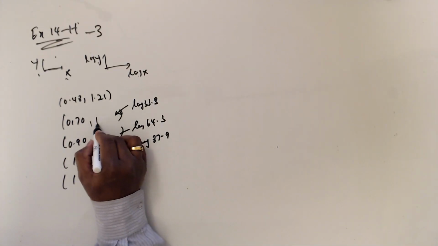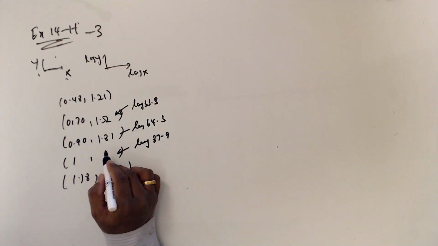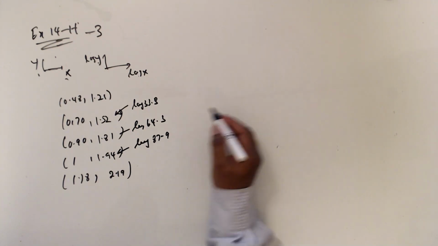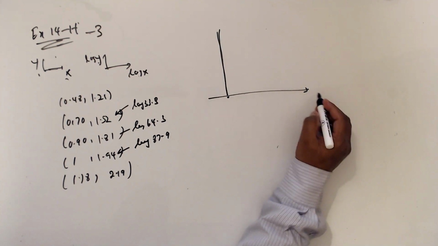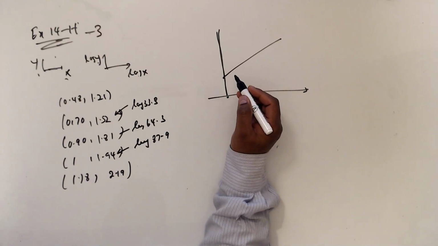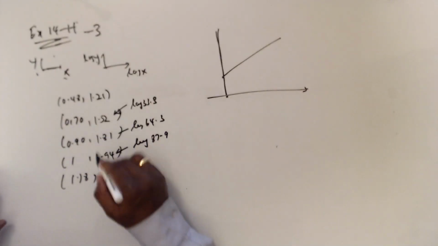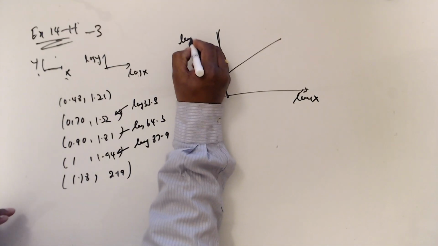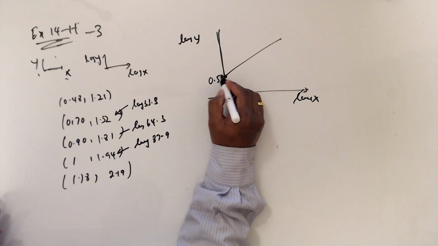So basically 1.52, 1.81 and 1.94. Then we have to draw this graph. So you will get a graph like this when you plot it. This is going to be log x and this is log y. You can find the intercept is approximately 0.55.